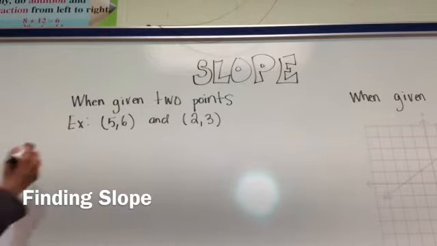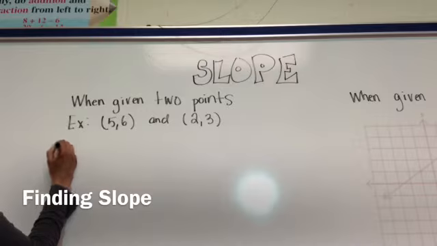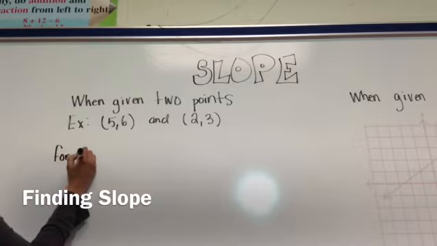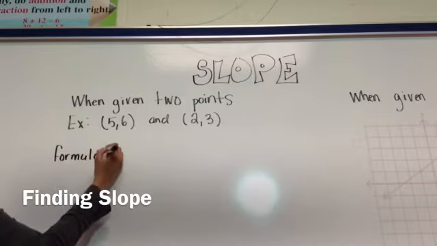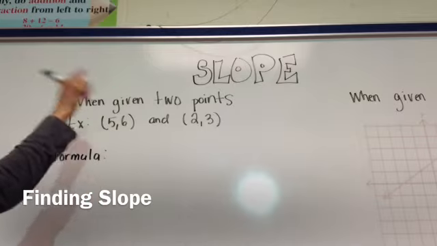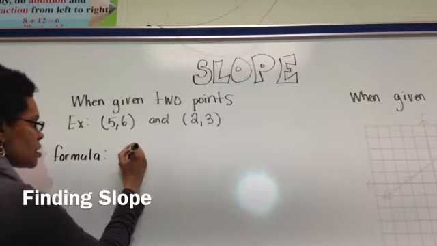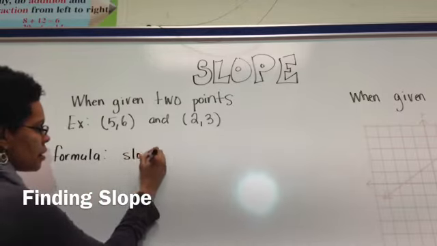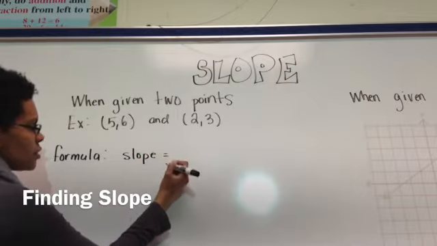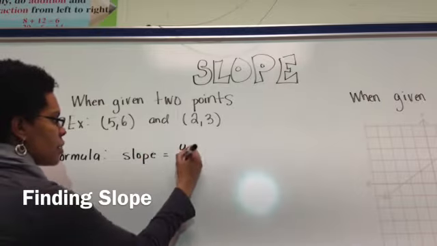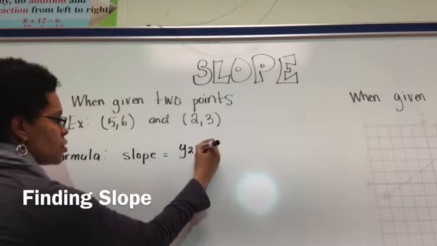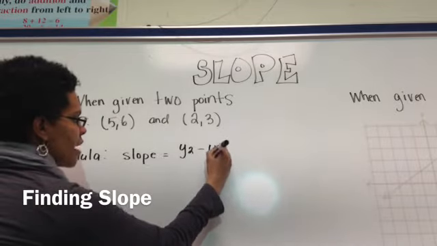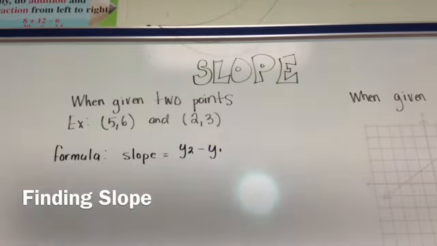And of course we're going to always go back to that formula. And I'd like for you to go ahead and rewrite the formula. It's up top in your notes template. But slope is equal to y2, which just represents the y value in your second ordered pair, minus y1.